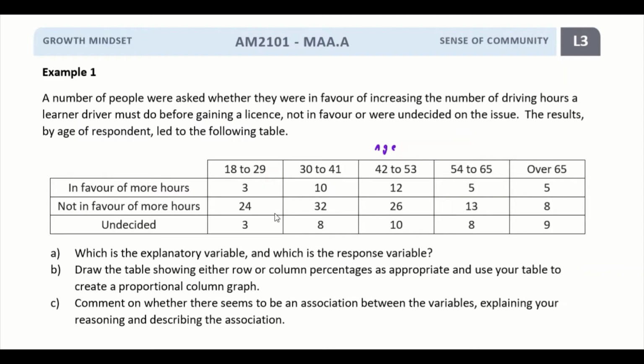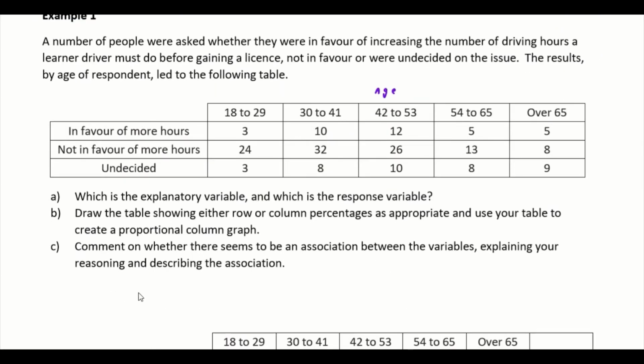In this case, it's the same thing as well. We are interested to investigate whether there's a difference in the preference of whether they want to increase, they're not in favor, or they were undecided based on their age group, whether the age explains the difference of their decision.